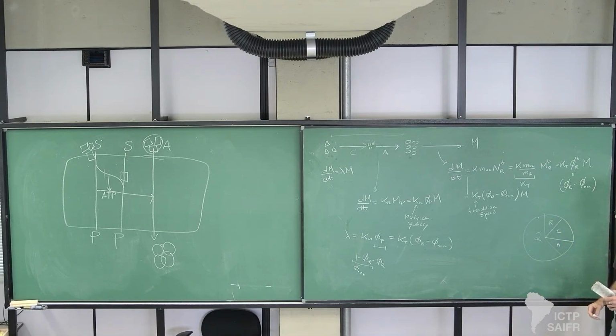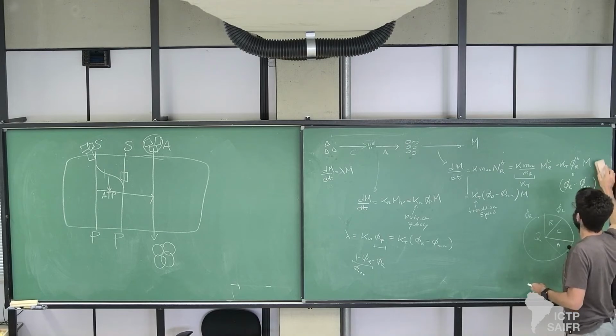So exactly as before, what we have here is phi C, phi A, phi R, and phi Q. And exactly as before, you can balance fluxes. We are still in steady exponential growth, so these fluxes have to balance.